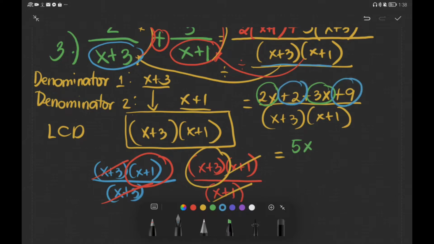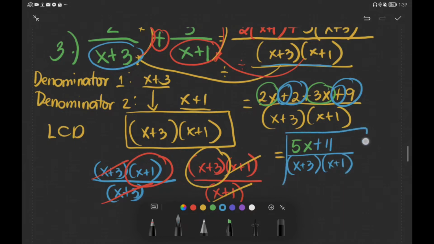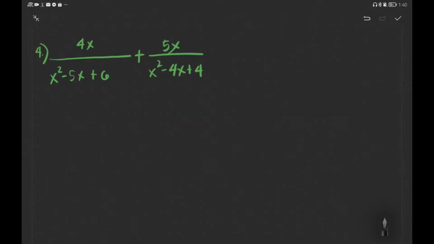They are just numbers. So, we add the numbers 9 plus 2 or 2 plus 9, that is 11. The sign of both is positive, so we copy plus 11 over, we copy the common denominator x plus 3 times x plus 1. So, this is our final answer.